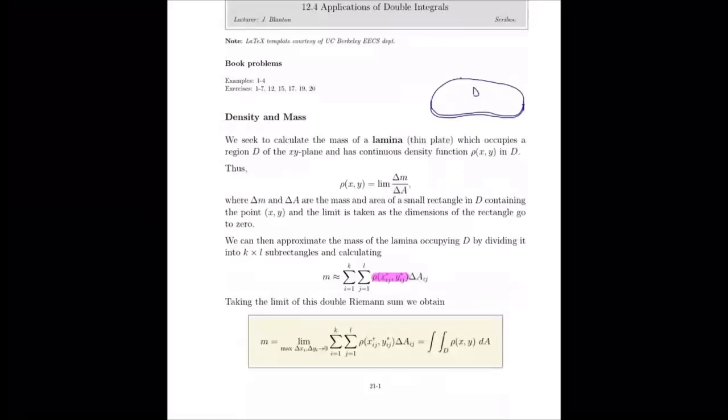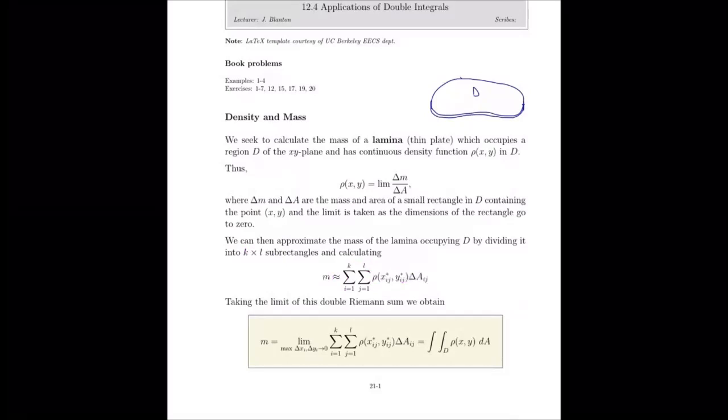The density at all points x_ij star, y_ij star, which are within each of those subrectangles that we divide D into. We're going to divide D into k times l subrectangles. And the mass of the entire lamina is the sum over all of those rectangles of the density of each rectangle times the area of each rectangle. Of course, density times area will be mass in this case, for a planar region.